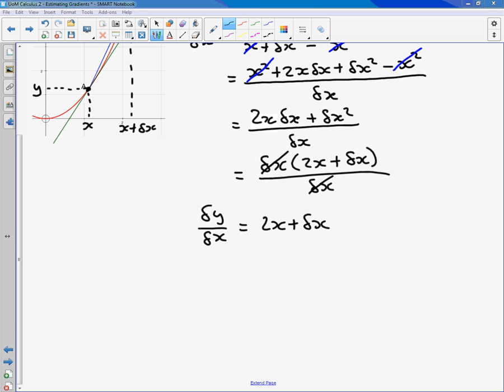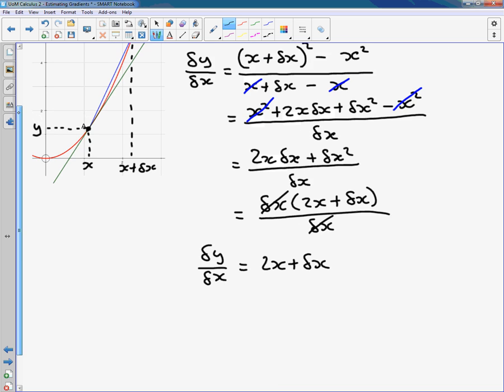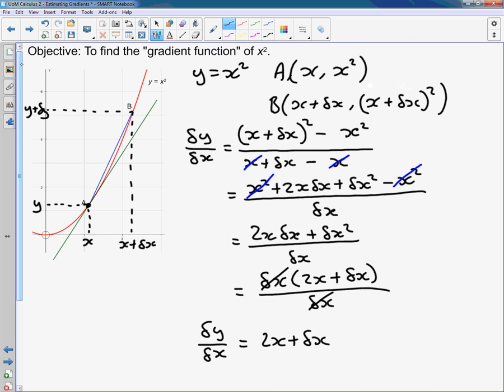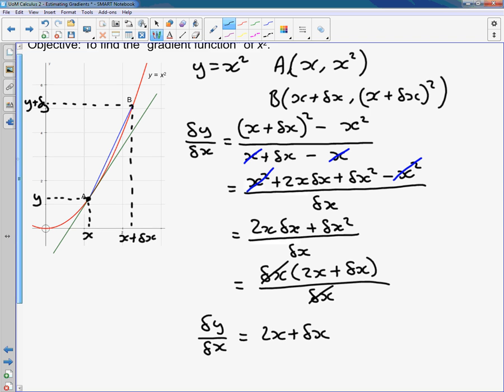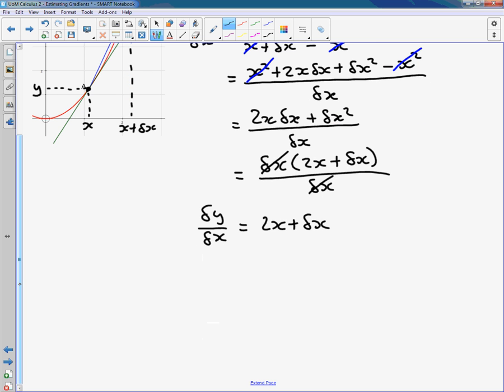Now, earlier I said what we're going to do is bring point B really, really close to A. We're going to have delta x become close to 0. We're going to imagine what happens as delta x gets close to 0, which means it becomes infinitely close. Now, as you recall from my first video in this series, if delta x becomes infinitely small, it ceases to be delta x and it becomes dx.